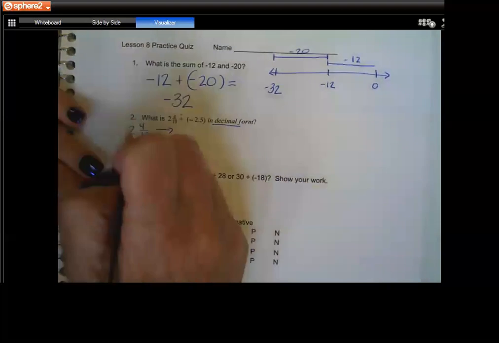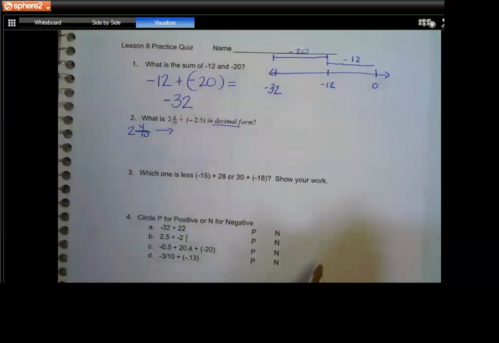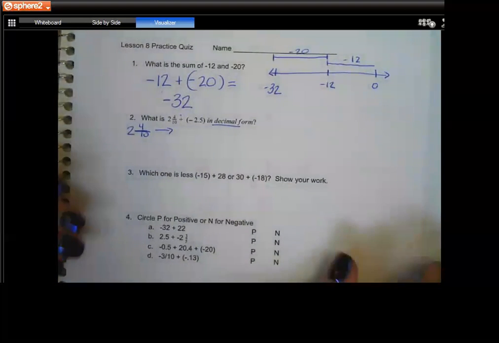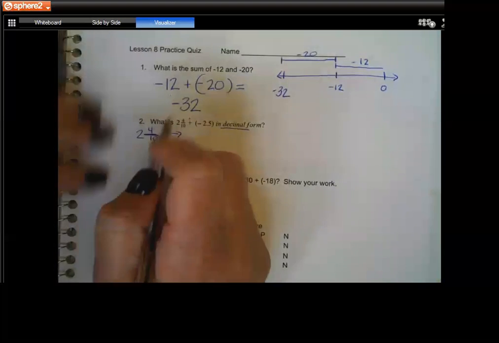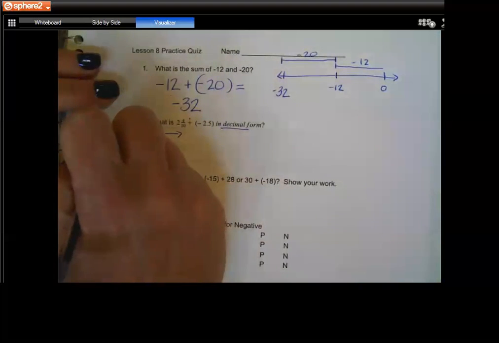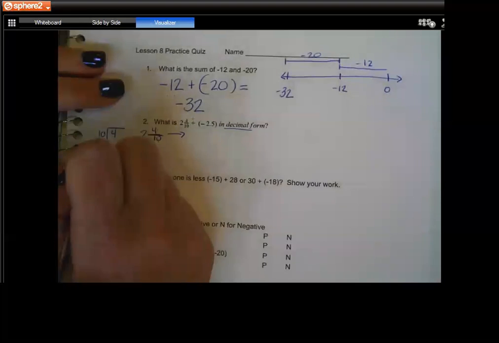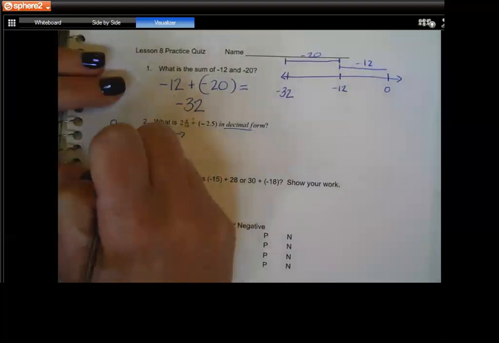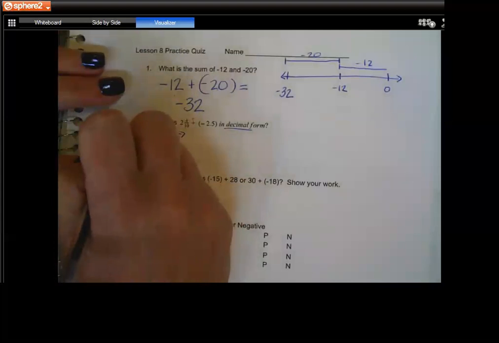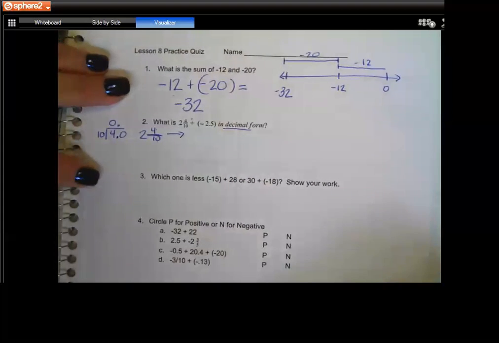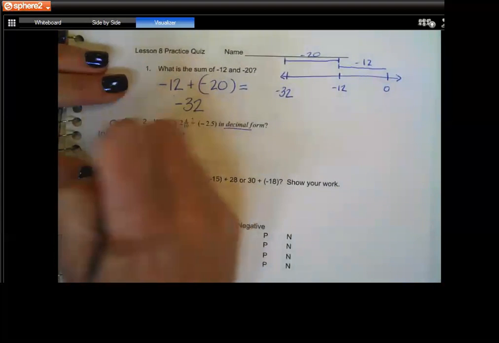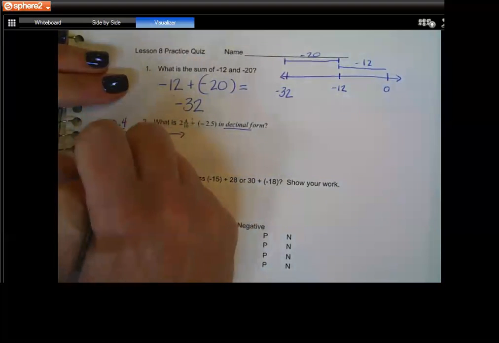Okay, and if you think about in the decimal world, one method you could do to change fractions to decimals, you divide. So 4 divided by 10, you could do that. So 10 doesn't go into 4, so here's my 0. I add a decimal point and another 0. 10 goes into 40 4 times, and that's 40 with nothing left over.